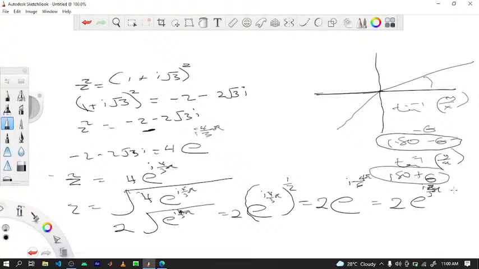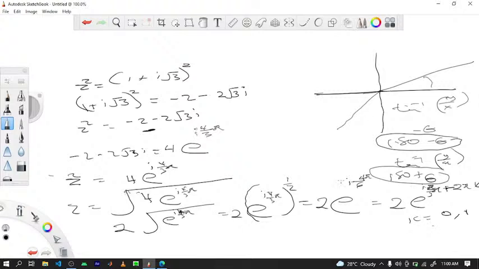But you are not going to get just one number, so you add 2 pi k, where k is equal to 0 or 1, because we are looking for the square root.